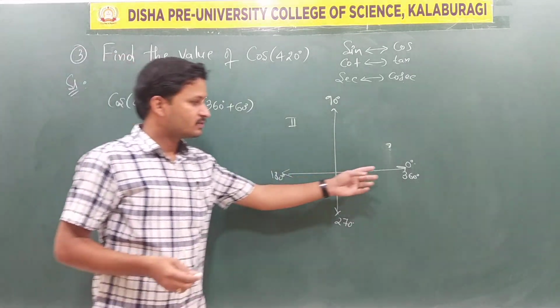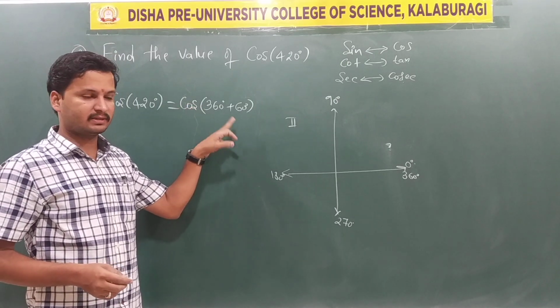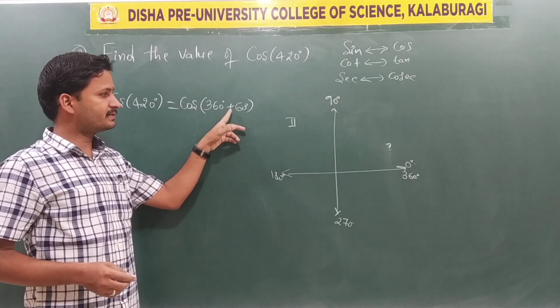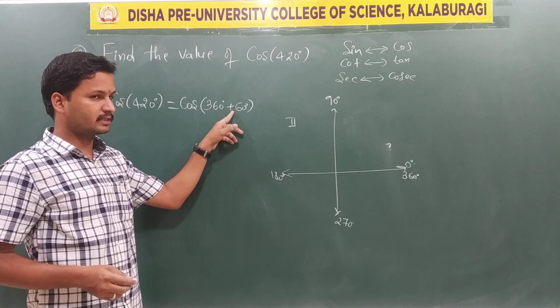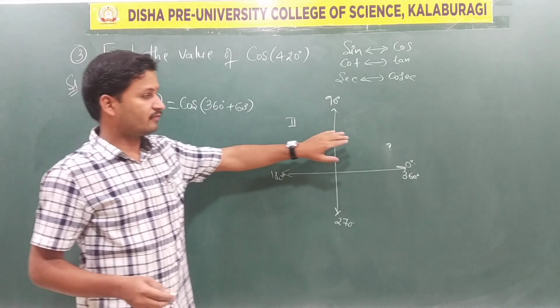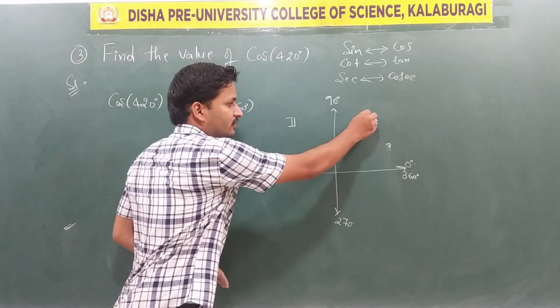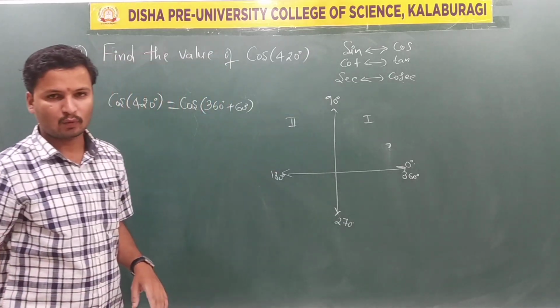So 360 plus theta, that means more than 360 degree, so it lies in the first quadrant.